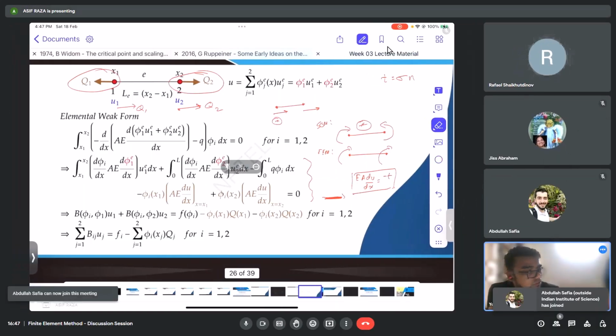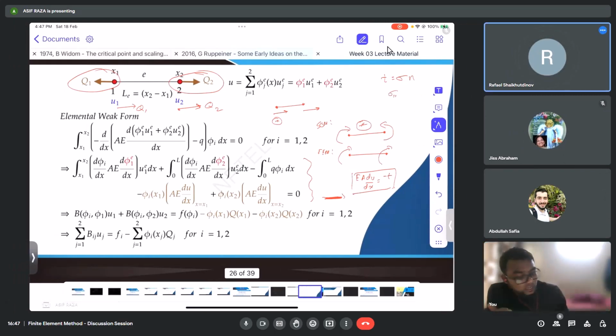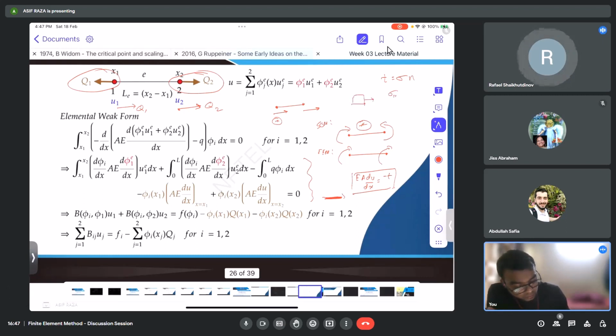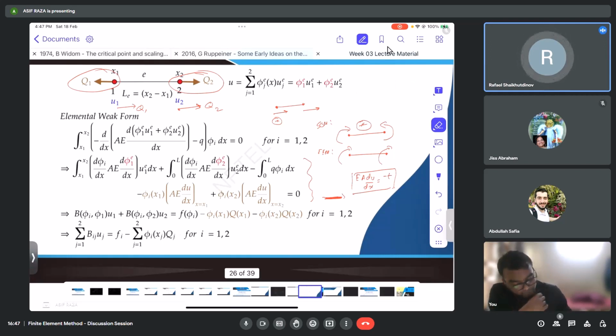So for a bar problem, it's just sigma 11, and the minus traction corresponds to the Q here. If we consider this formula with a minus traction, I believe it should be correct here.